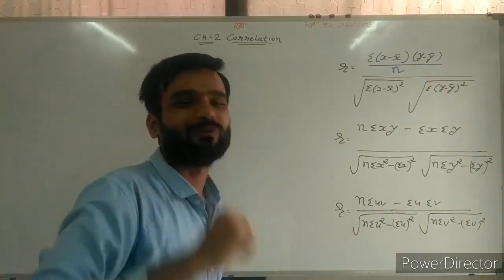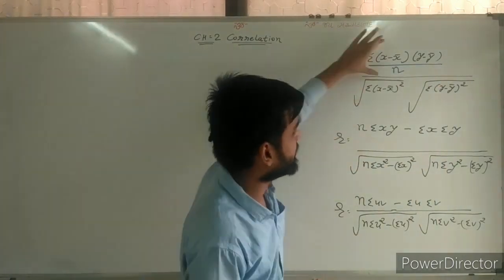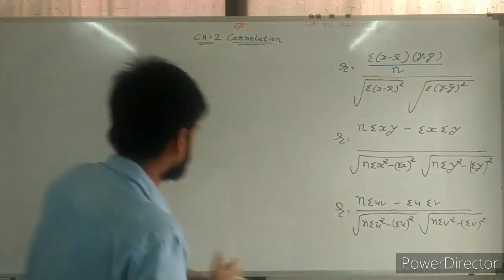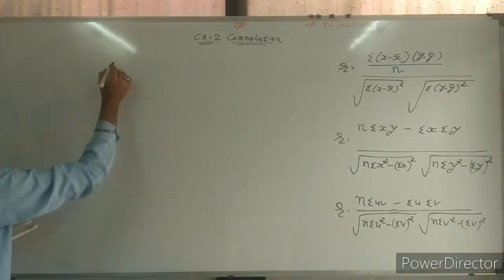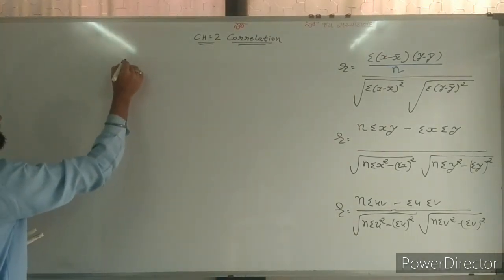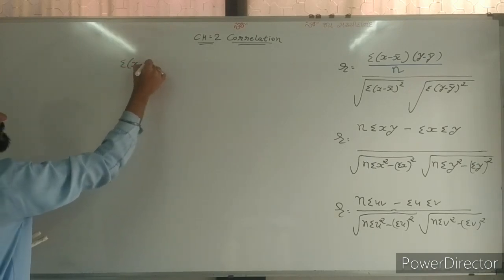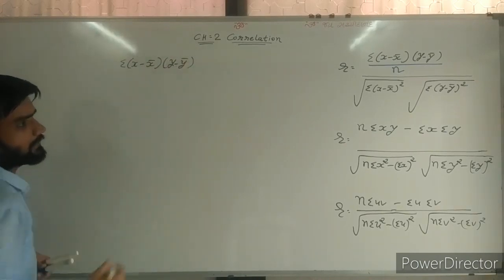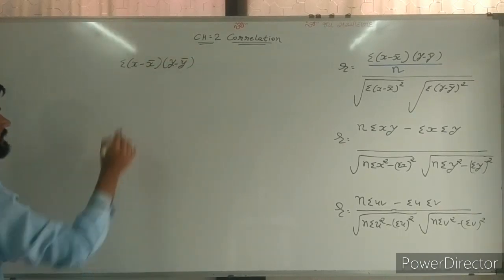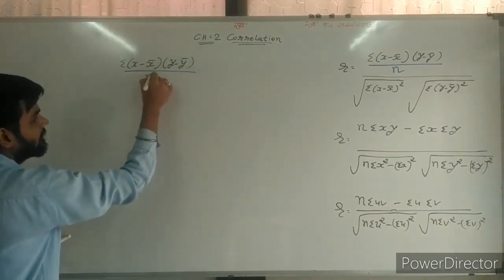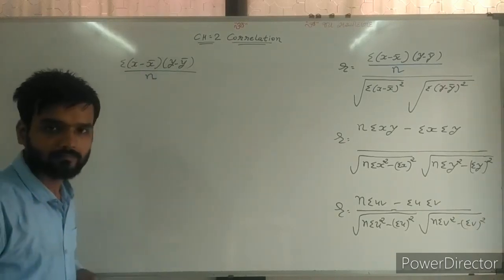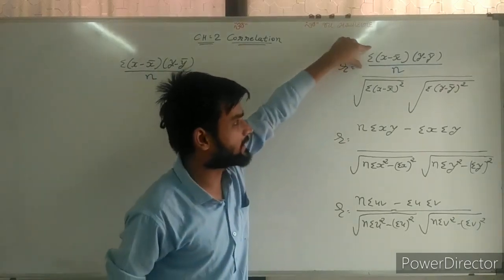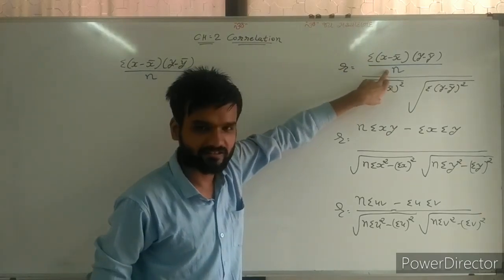Then I get one formula. First of all I am writing this only: sigma (x minus x bar)(y minus y bar) divided by n.